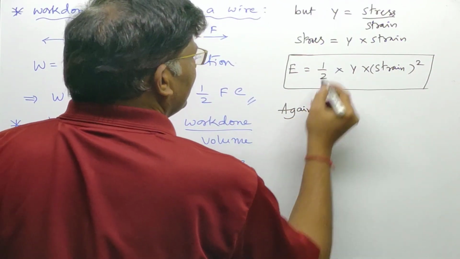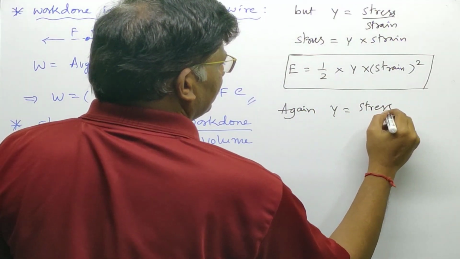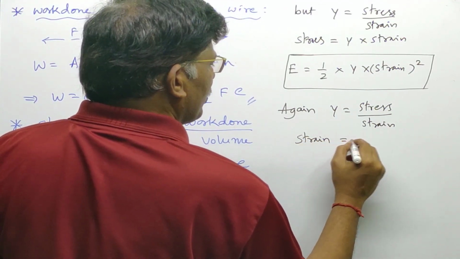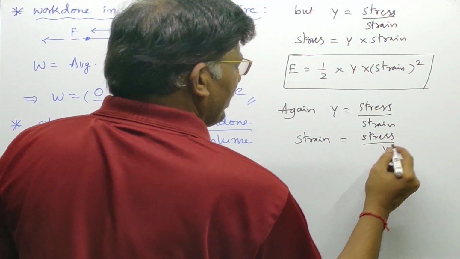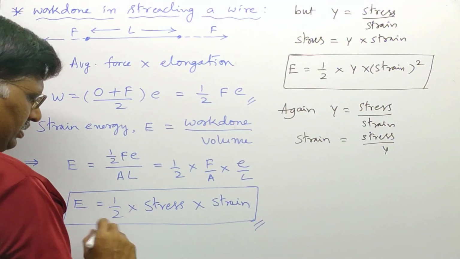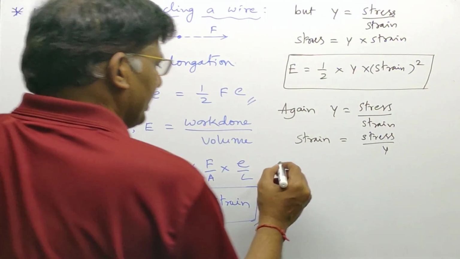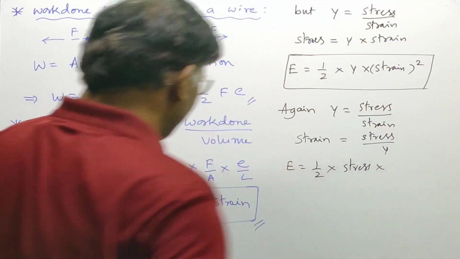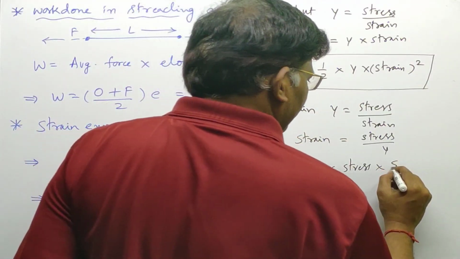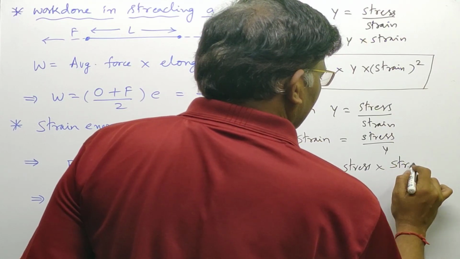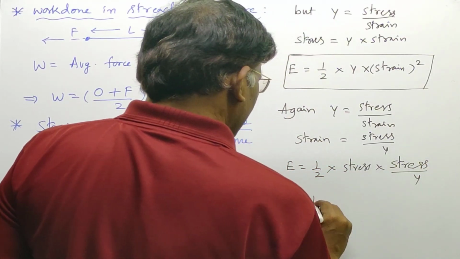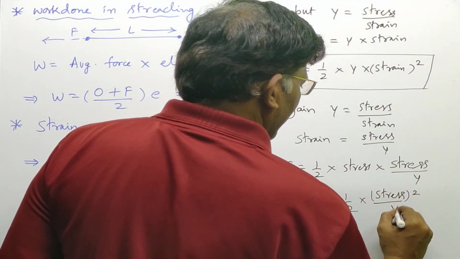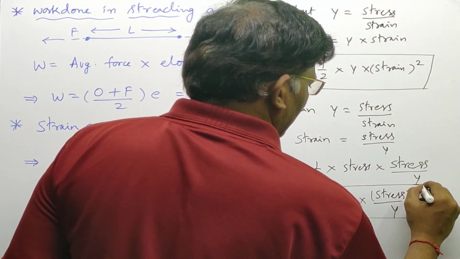Again, from Y is equal to stress divided by strain, we can write strain is equal to stress by Y. By substituting this value in the strain energy formula, E is equal to half into stress into stress by Y, so E can also be written as half into stress square divided by Y. This is another form of strain energy.